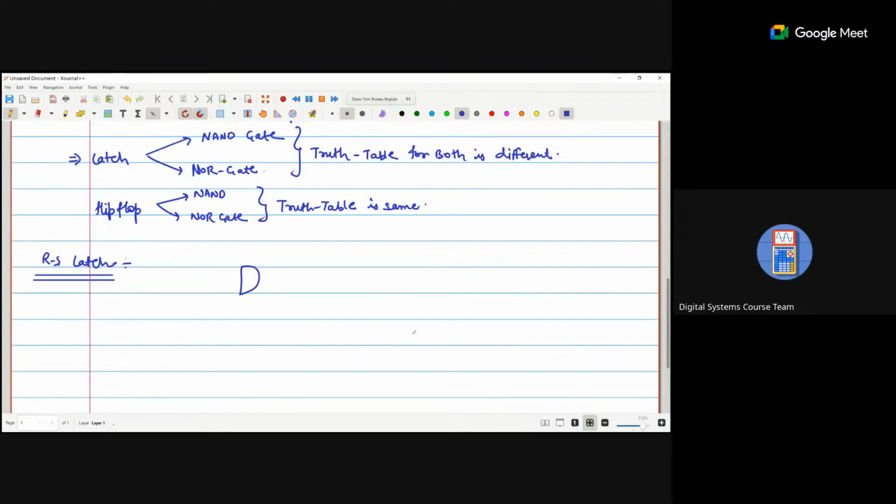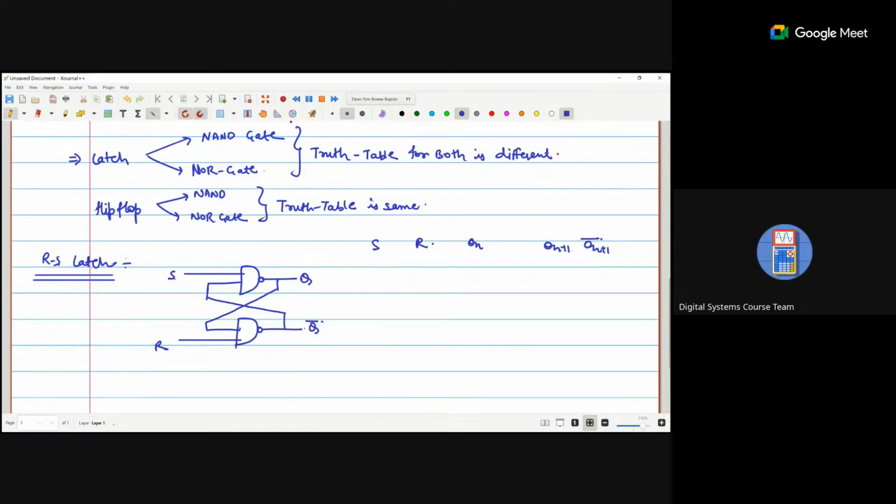If we design with the NAND gate, this is S and R. I just say that this is the Q and this is the Q bar. And the outputs are Qn and Qn bar, Qn plus 1 and Qn plus 1 bar.